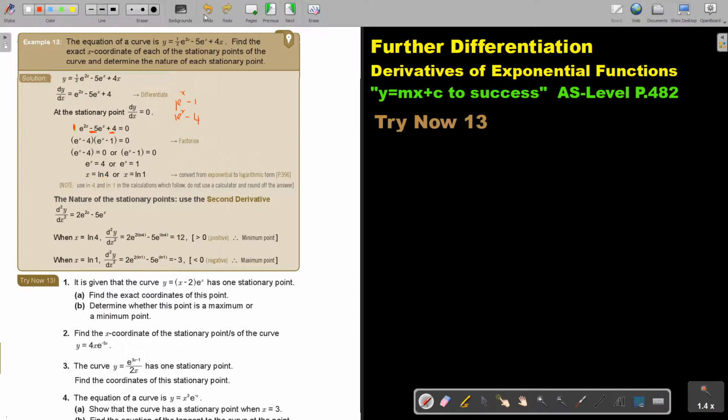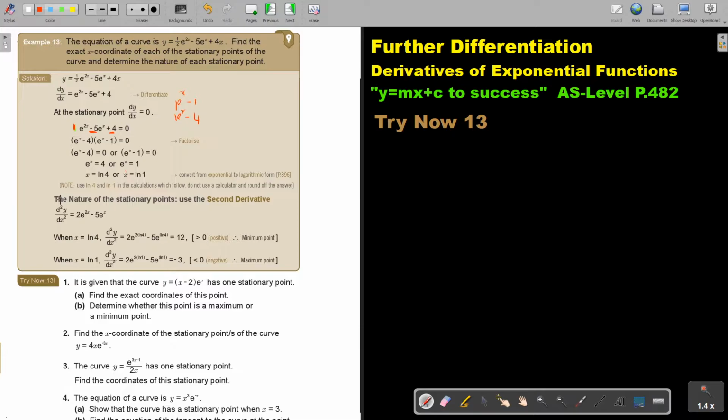It's not necessary to write the e. If I see ln, I know the base is e. And this also swaps from exponential to logarithmic form. But I want to stay as exact as possible, so don't work it out on the calculator and approximate it. Keep working with that ln 4 and ln 1.